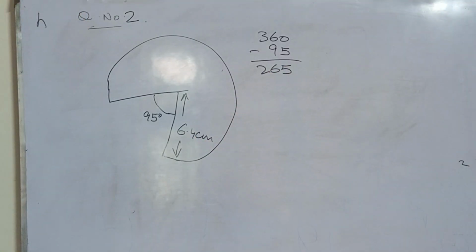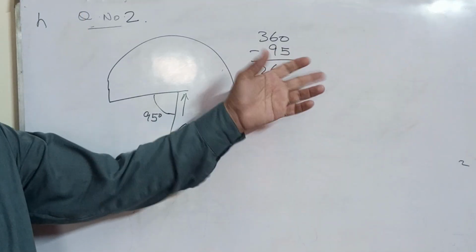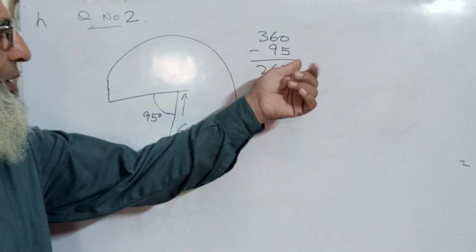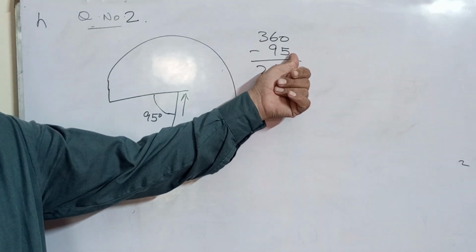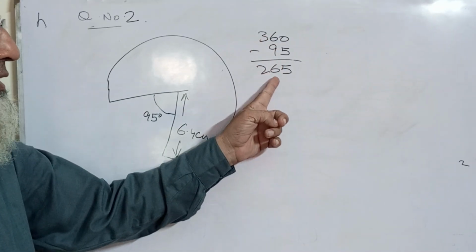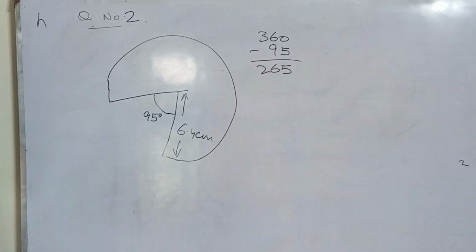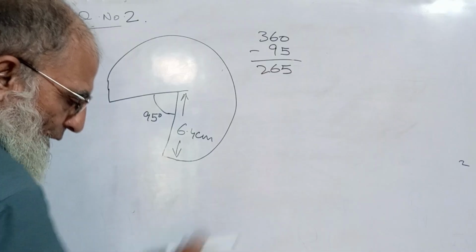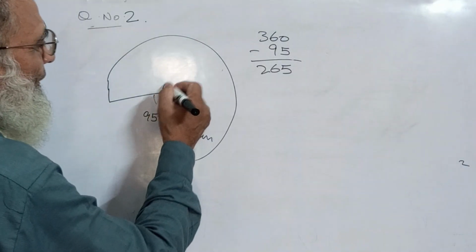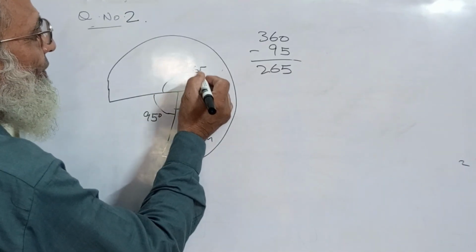Okay, 265. I just took it in my mind that it is 100. So 100 means 260, and 5 more comes over here. So it is 265. So the internal angle is 265 degree.